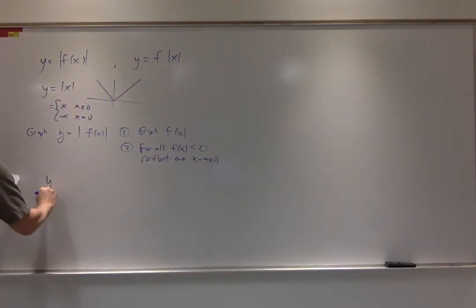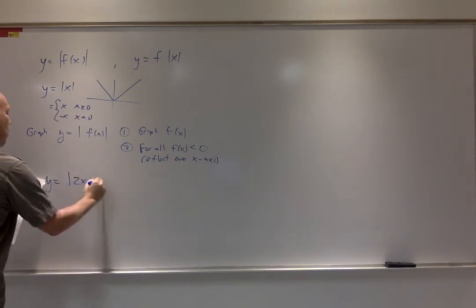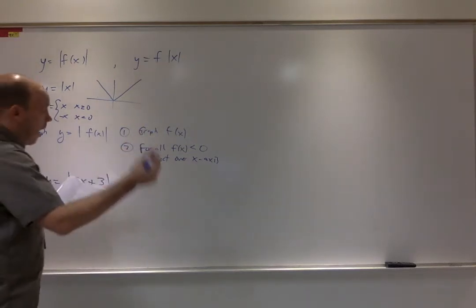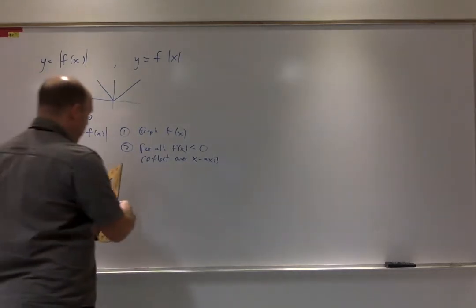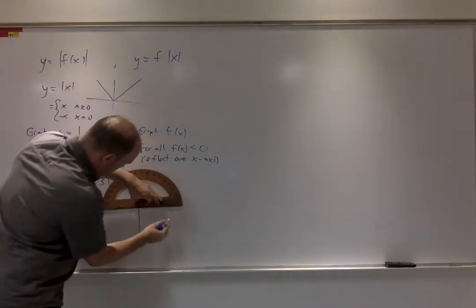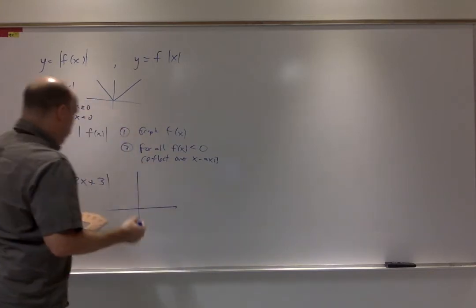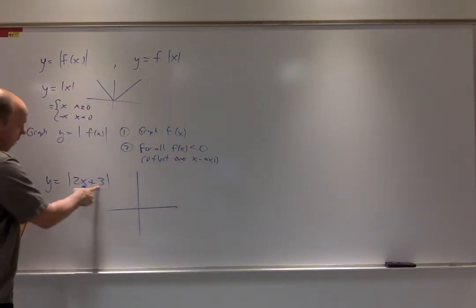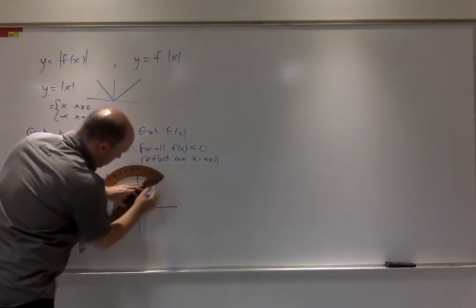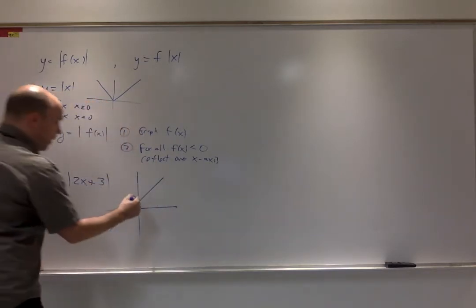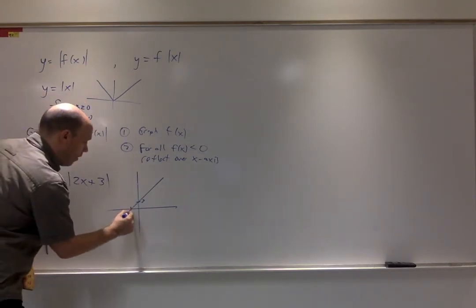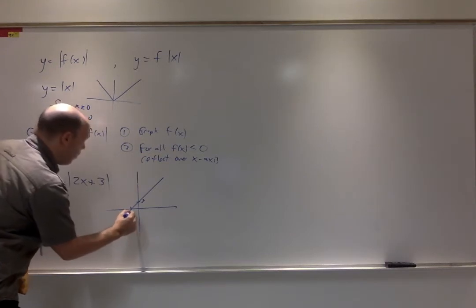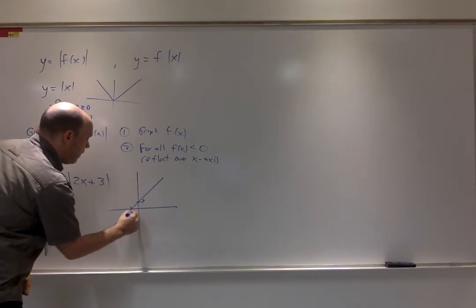For example, y equals the absolute value of 2x plus 3. So step one, we just graph the line. We know what this looks like because it's increasing, and the y-intercept is 3. This is 3, and this is negative 1.5.